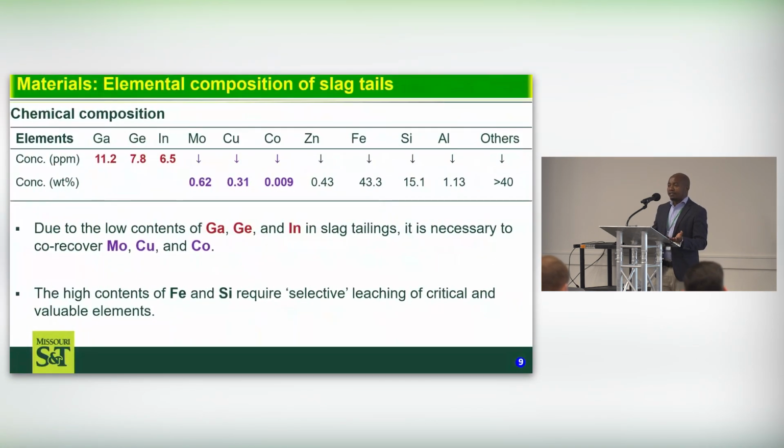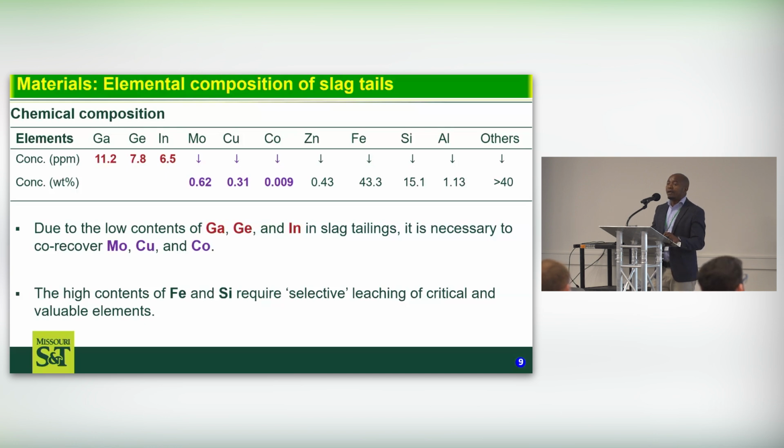So we collected the sample, and when we analyzed it, we found that it contains around 11.2 ppm of gallium, 7.8 ppm germanium, and 6.5 ppm indium. As you can see, the concentrations of these critical elements are quite low, so to make it more viable, we have to also consider recovery of other valuable elements such as molybdenum, copper, and cobalt.